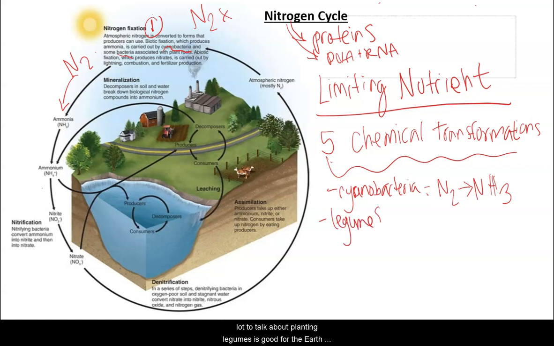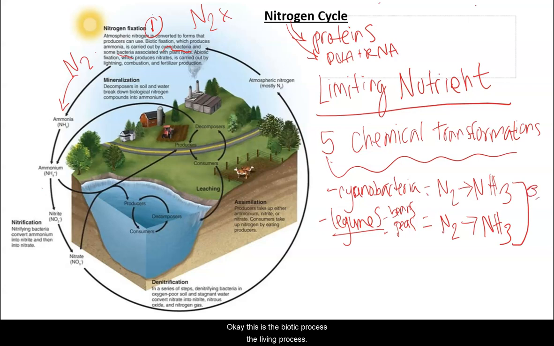So you'll hear a lot of talk about planting legumes is good for the earth because they fix nitrogen. Legumes are things like beans and peas. So bacteria on those legumes can do the same process of taking nitrogen gas and converting it to a usable form, which is called ammonia. Okay, and this is the biotic process, the living process, the biotic fixation.